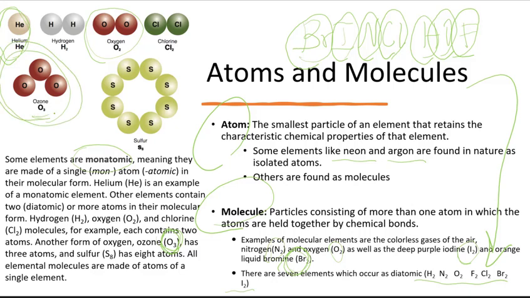These are still elements. We wouldn't call them a compound or a mixture. It's still one single element. They're either monatomic, diatomic, or in another case, sulfur has 8 atoms, S8. All elemental molecules are made of atoms of a single element.